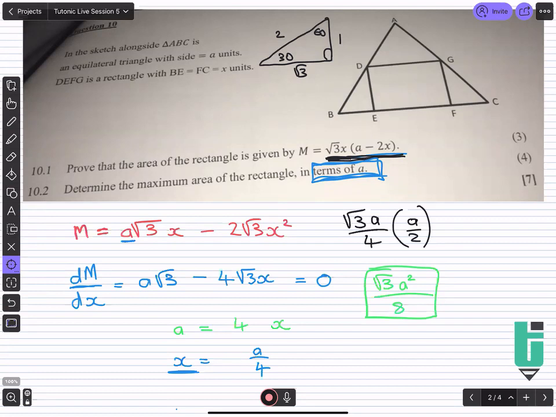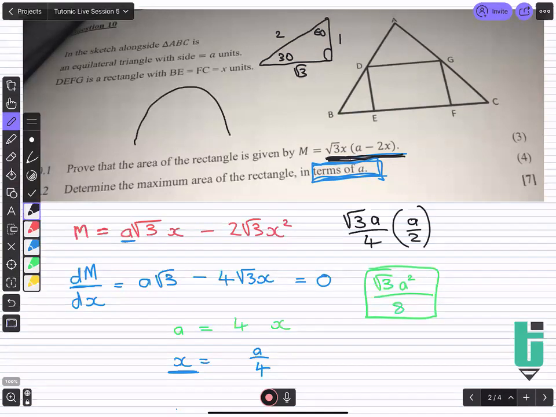Because if I draw this graph for you, what type of graph is this, Kai? It's a parabola. Do you agree that a parabola has a maximum point? Yeah, it does.